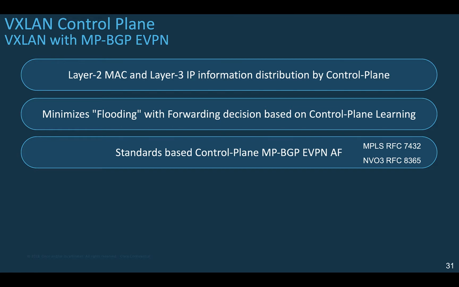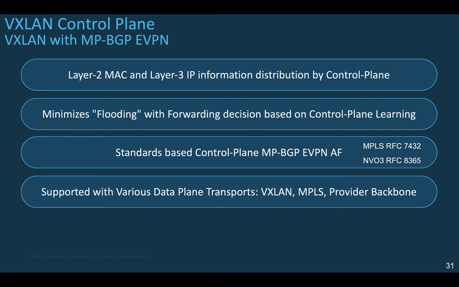The address family EVPN is then the de facto choice for the control plane, as it allows the distribution of the layer 2 MAC addresses and the layer 3 information using MP-BGP. EVPN is just one of the address families available with multi-protocol BGP, MP-BGP.